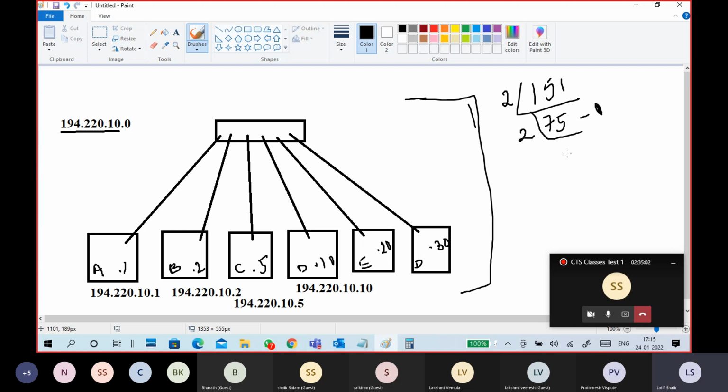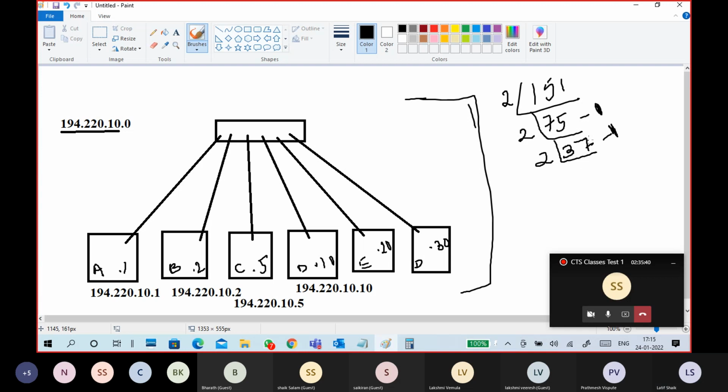Next, 75 divided by 2 is 37, remainder 1.